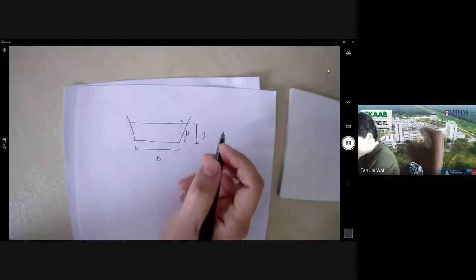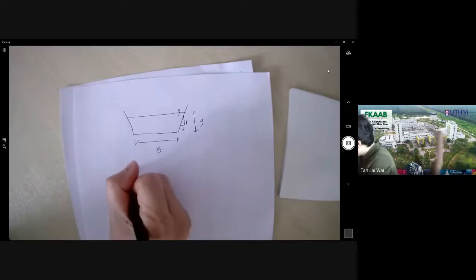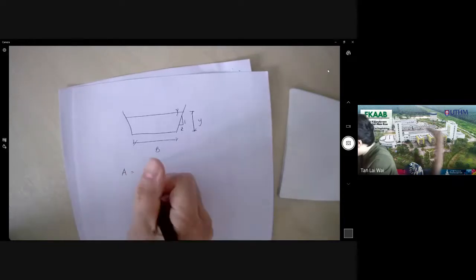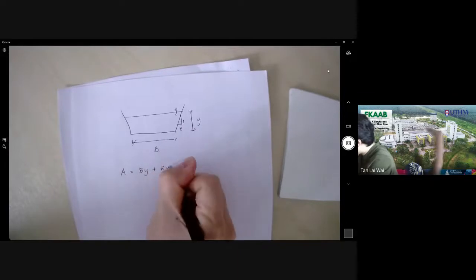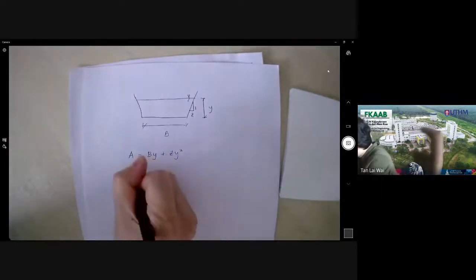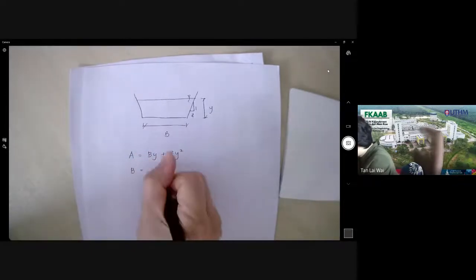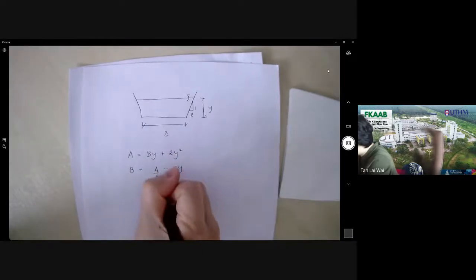So what we'll do here is, again, the same step. A is By plus Zy squared. I'm going to rewrite this in terms of B. So I have A minus Zy squared, divided by y.